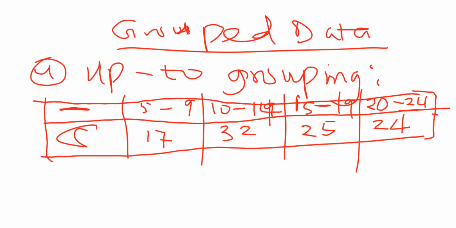Lower for the second group is 10, upper is 14. So when there is a class limit, there will be up to grouping, and from class limits, we'll convert it to class boundaries, where we'll begin to have what we call less than grouping. But that's the first grouping.